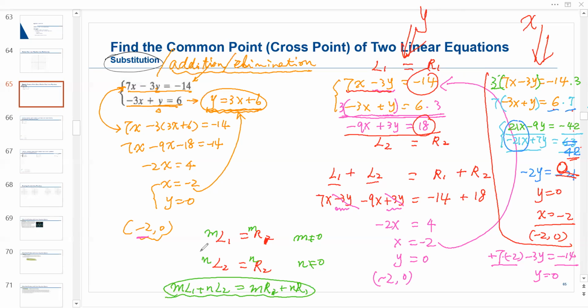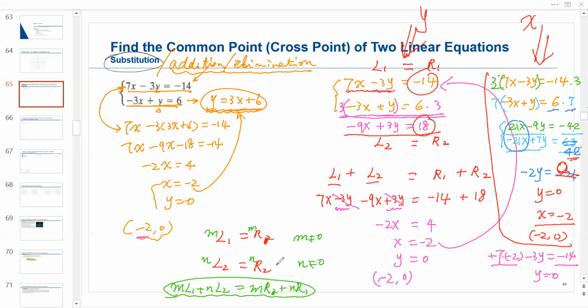Or maybe say minus, top minus bottom, they still equal each other. So left part minus the right part, they still equal. That's the formula. But the point is to make one of the variables disappear, so you can get the solutions quickly.